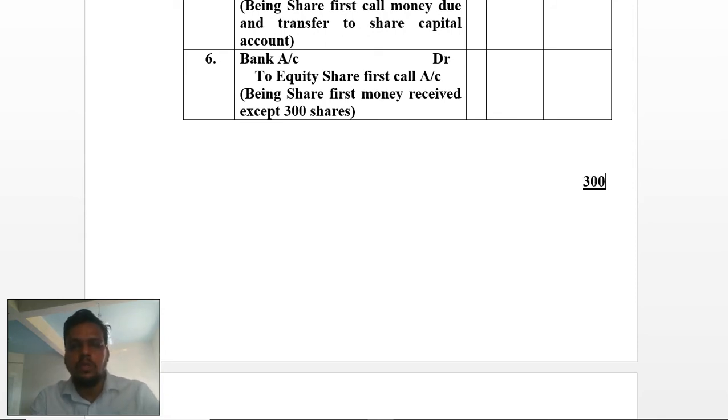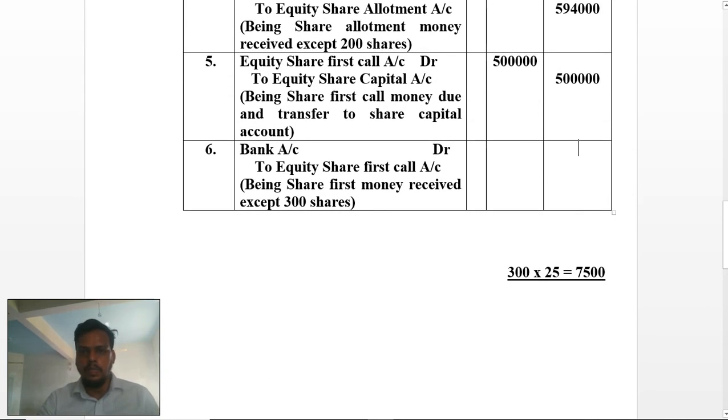So 300 shares multiplied by 25 rupees, if we calculate this way, you will find that 7,500 rupees has not been received. So the amount will be deducted from 5 lakh rupees. Now I'll write here 4,92,500, which has been received by us.